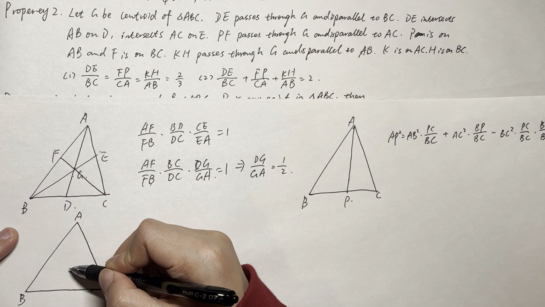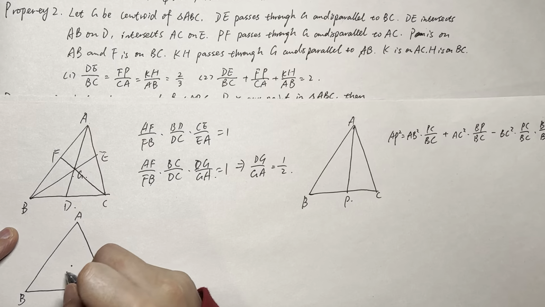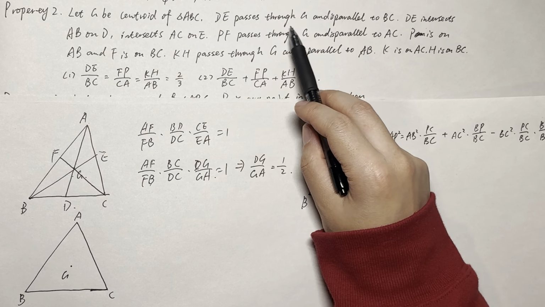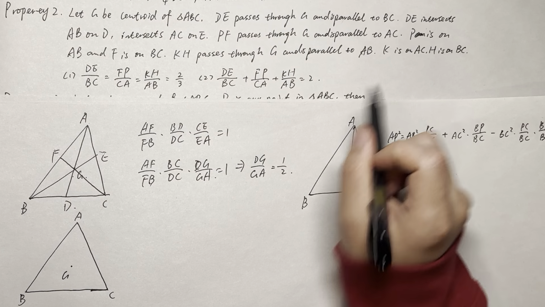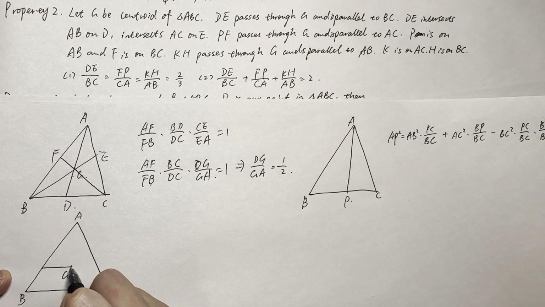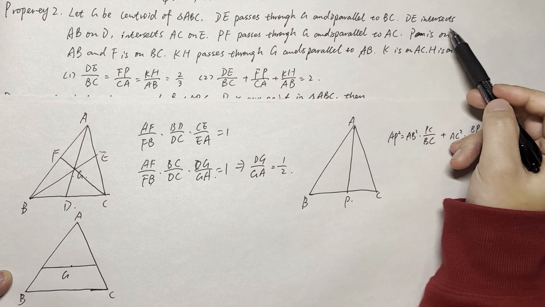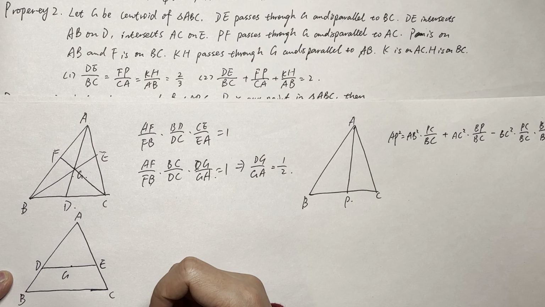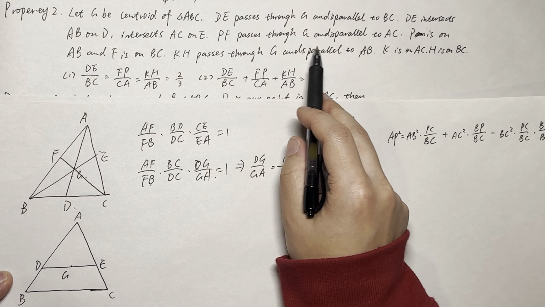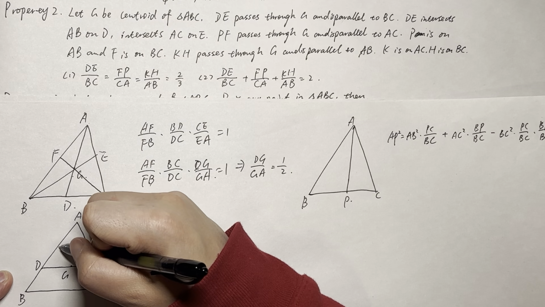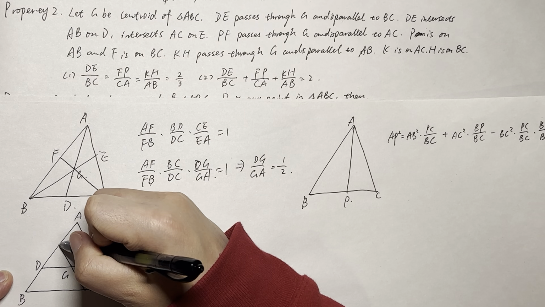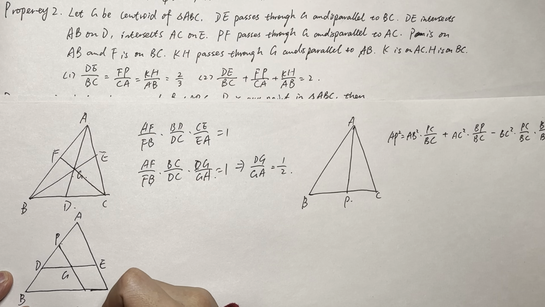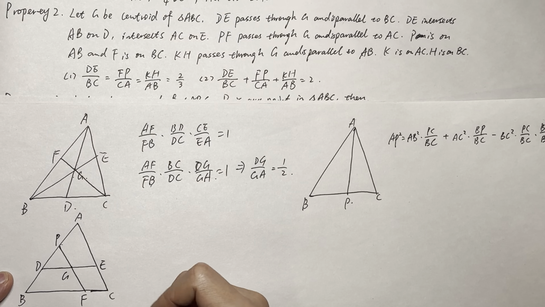And roughly say this would be G. DE passes through G and is parallel to BC, and intersects AB at D and AC at E. PF passes through G and is parallel to AC, so P is on AB and F is on BC.